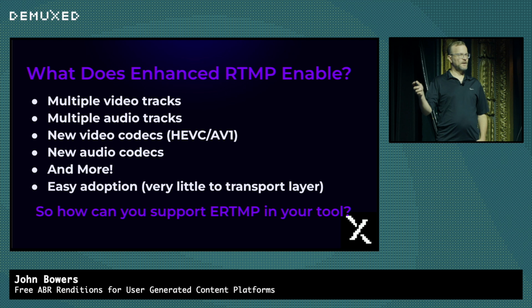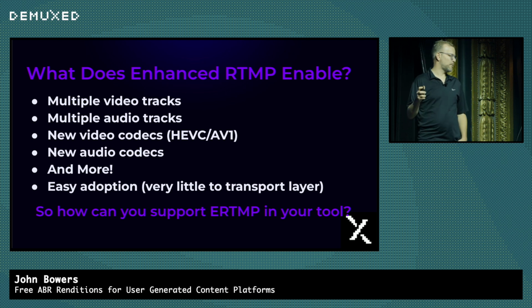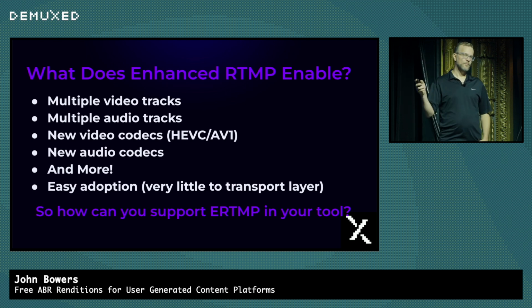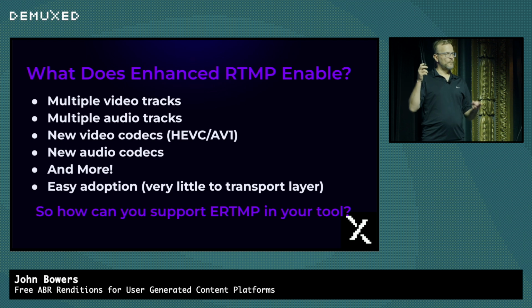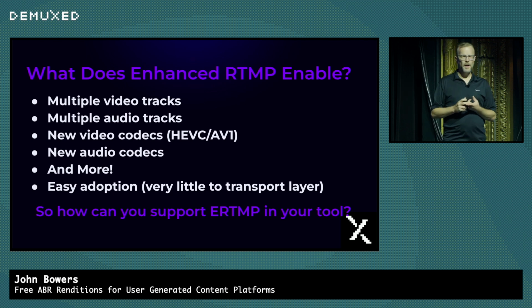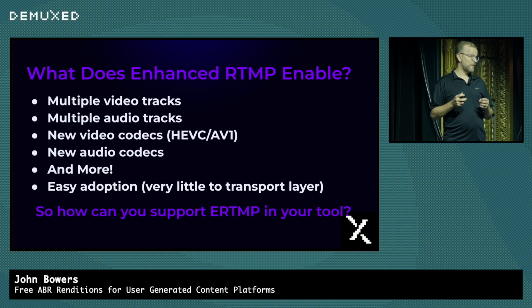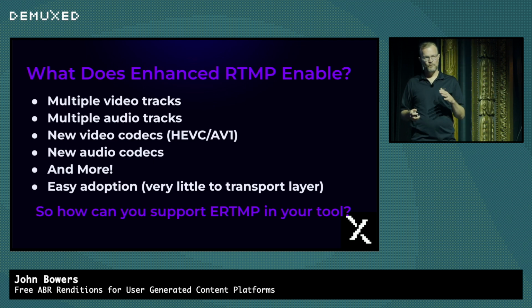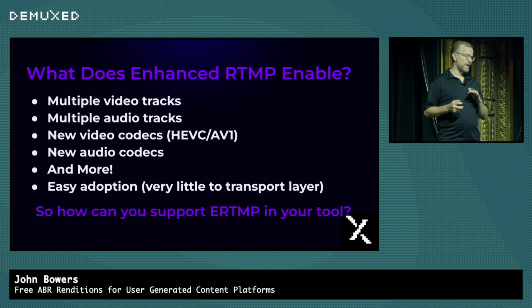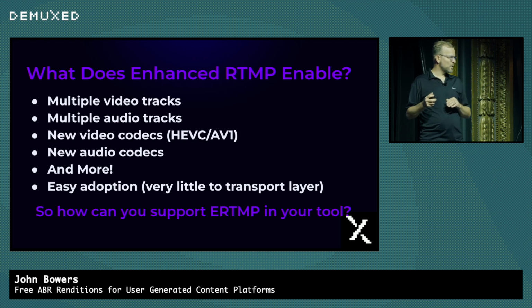But what does it enable? What do we get out of ERTMP? Well, importantly, we get multiple video tracks, which was very important for this feature. We get multiple audio tracks, which we do make use of for some things. We get new codecs. As we know, RTMP was very old and had a very hard-coded set of codecs you could use, and none of the newer, better compression stuff like HEVC or AV1.